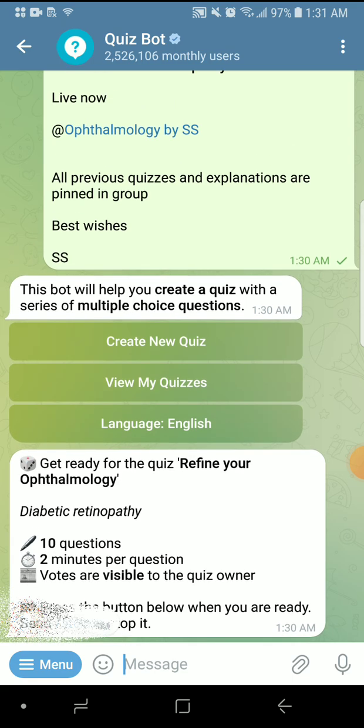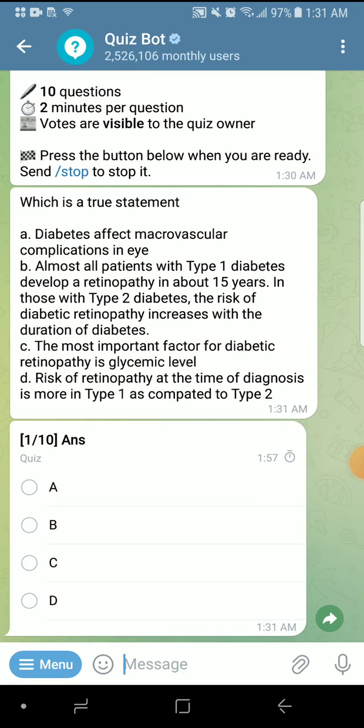The first question is regarding the true statement of the following. Now, the first statement itself is a false statement because diabetes in the eyes affects micro vessels, not macro vessels. And in type 1, almost all the patients develop retinopathy in about 15 years.